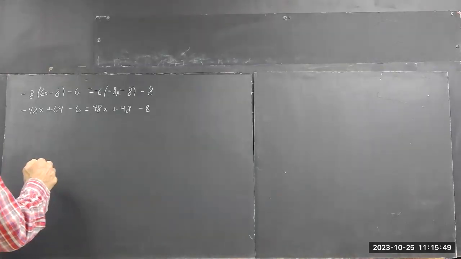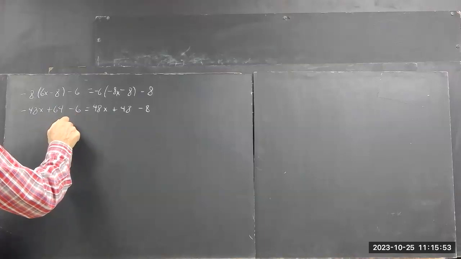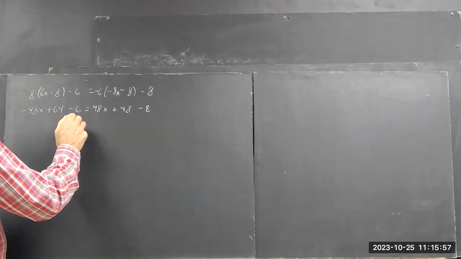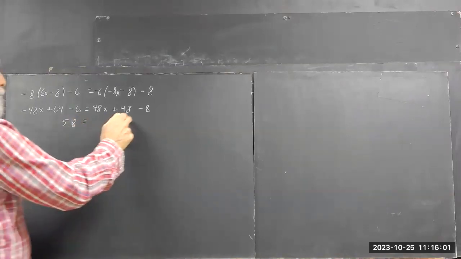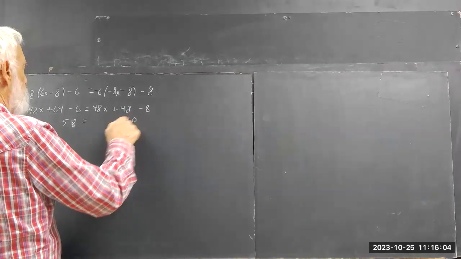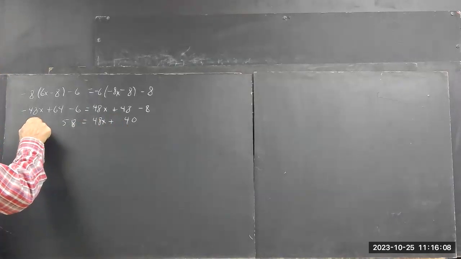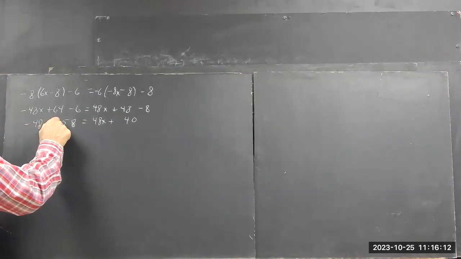Okay. Now we want to simplify things. We'll add the 64 and the -6, which gives us 58. We add the 48 and -8, we get 40. Then we have our 48x here and our -48x here.